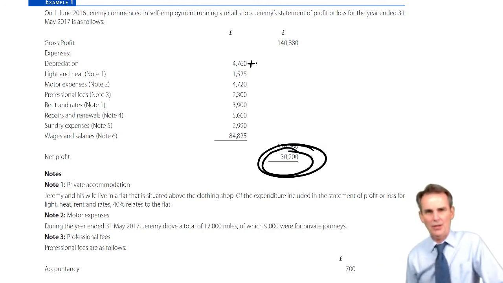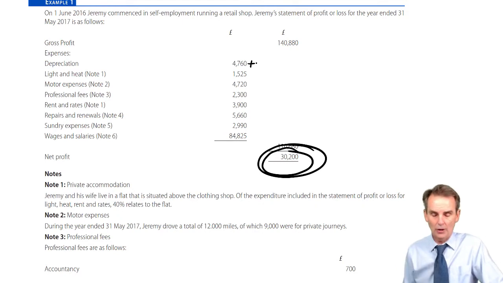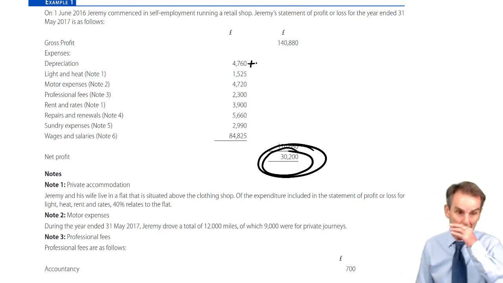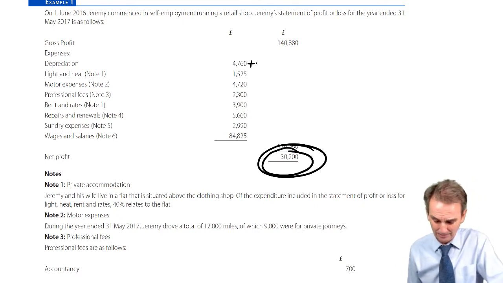If we've got profit on sale of the asset next to it without reference to a note, we would put a minus sign. If there was property income, if there was interest income, if there was dividend income credited on that statement of profit or loss, they ain't trading income. They may or may not be taxable, but they're taxable in their own right, not as a part of trading income. So here we would take them out.